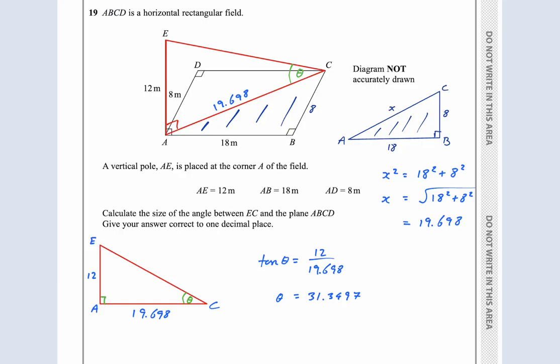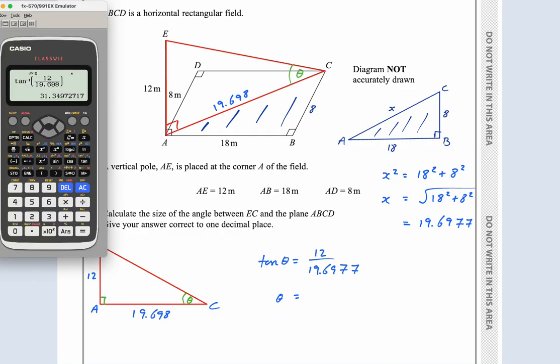I'm going to change that, and we'll see if we do get the right answer. You could have just left it in surd form, but let's just see if this works. Theta is then the inverse tan of this, and now we do get it.